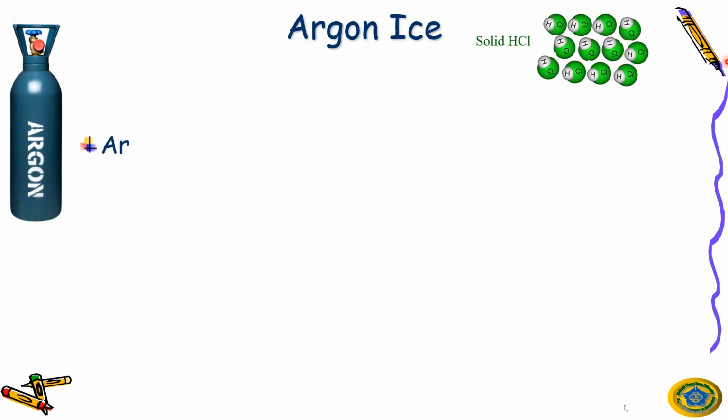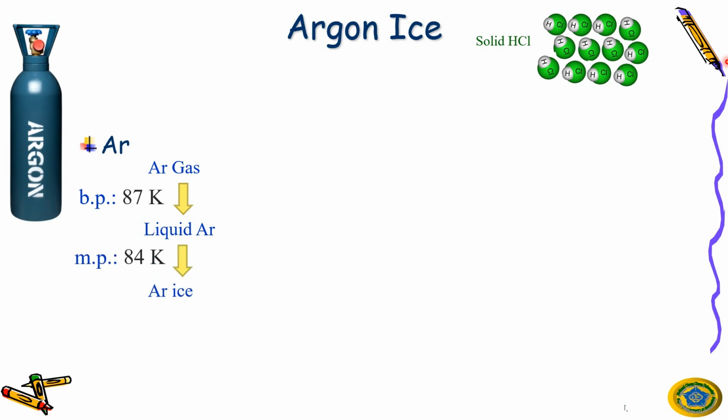But this really happens. We can see this in real life. For example, argon: if you decrease the temperature to about 87 Kelvin, it becomes liquid, so you have liquid argon. And if you reduce the temperature further to 84 Kelvin and reach the melting point of argon, this becomes argon ice.